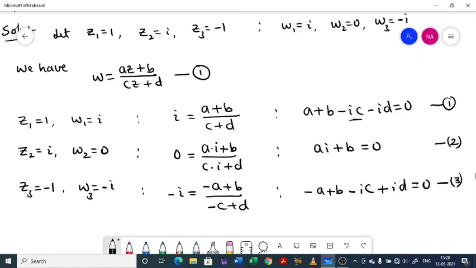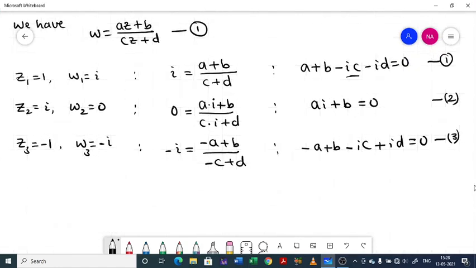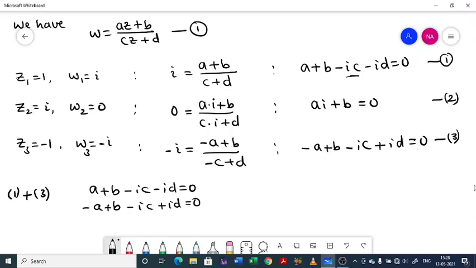Now, if you look at equation 1 and 3, adding those two, we get A plus B minus iC minus iD equal to 0 and minus A plus B minus iC plus iD equal to 0.